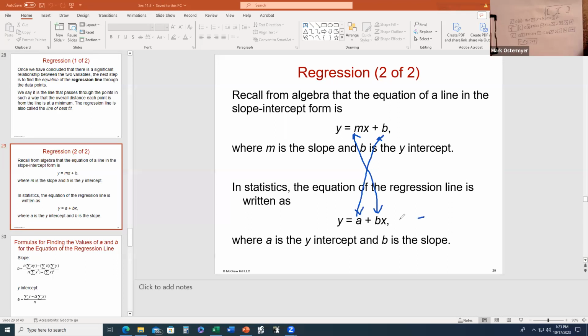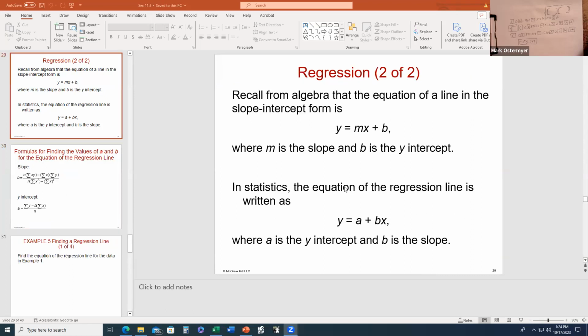So for this equation with this notation, a is the y-intercept, lowercase b is the slope of the line. Up here, m is the slope of the line, the lowercase b is the y-intercept. It's just a matter of notation, okay? So just be careful as to what is what here, and how you tell which is the slope versus which is the y-intercept. All right. Okay.